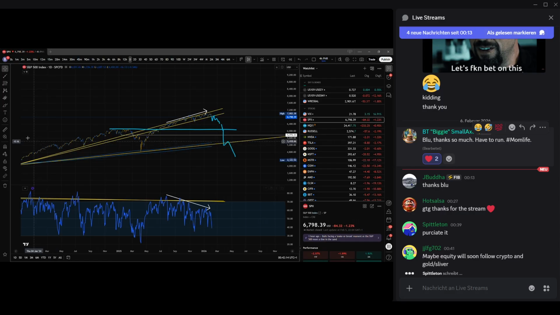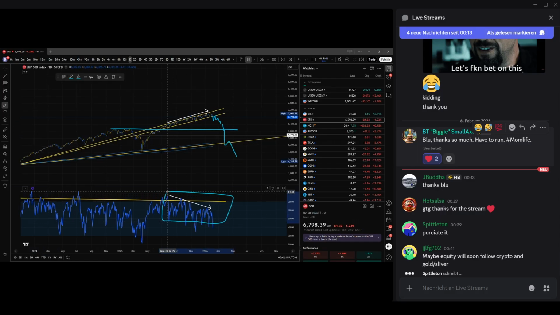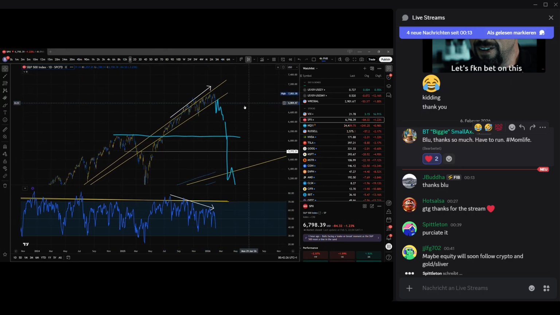You can see how it was living in the upper 50 percentile of the RSI while losing momentum. So that's like the mother, father, godfather, and all inheritance levels. It's a whole tree of bearish divergence, if you want so.